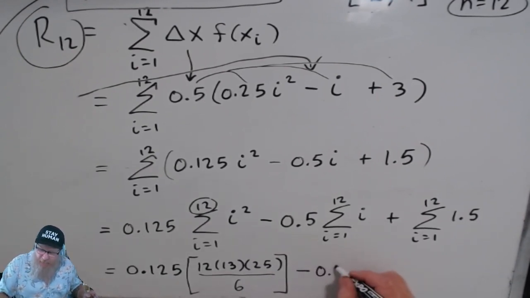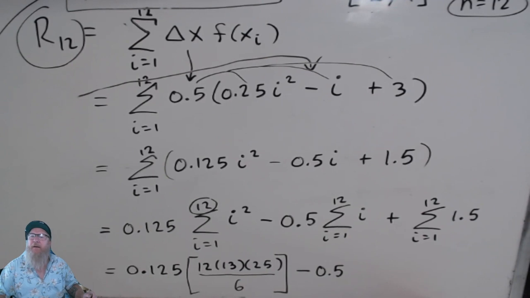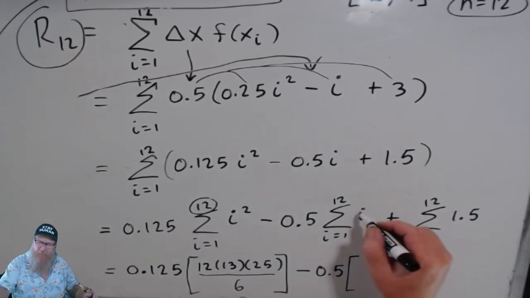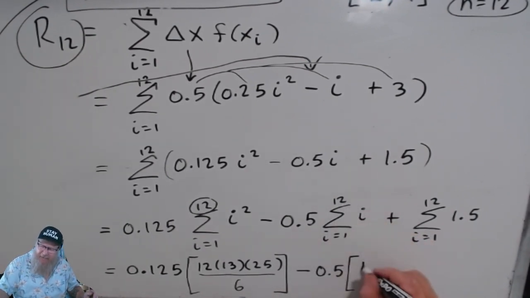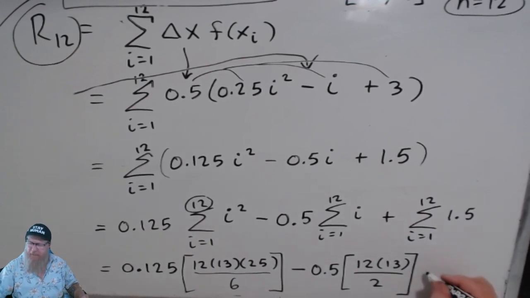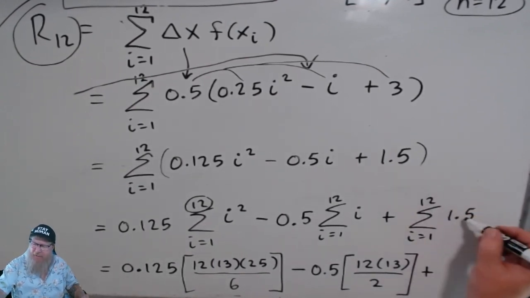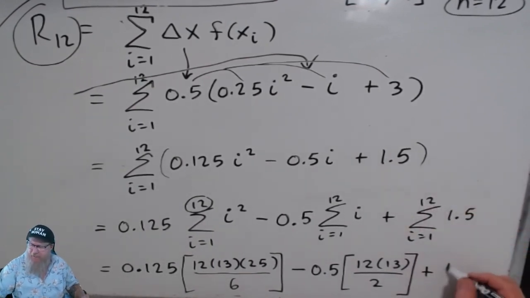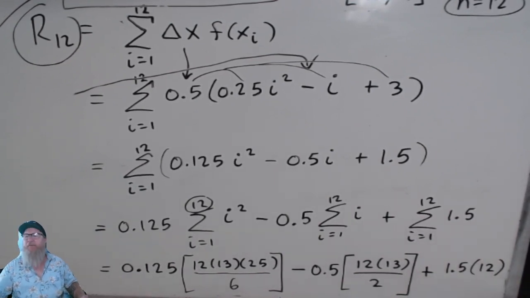Minus 0.5 times, now this one's the easier one. It's just i, so that's 12 times 13 divided by 2. Plus, and then this is the constant rule, so it's just the constant 1.5 times 12. And now you do the calculator.